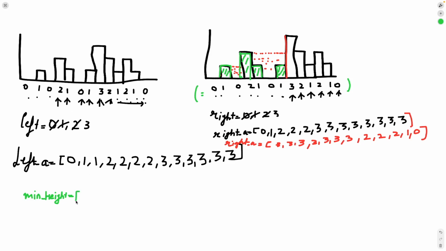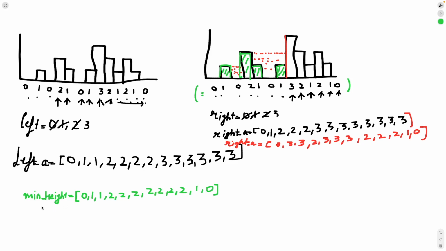My first value will be the minimum of 0 and 3, which is 0, then 1, then 1, then 2, 2, 2, 2. After that, it flips over here. Minimum is 2, 2, 2, 1 and 0.